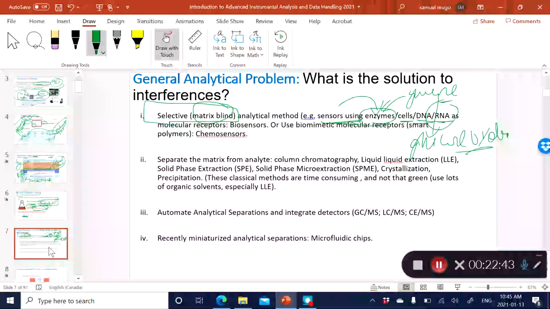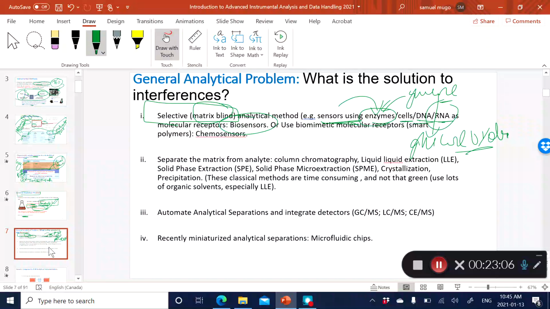Then you find a way, and we're going to talk about that later on in the instrumental methods, to quantify the chemical that is captured and hopefully get an electrical signal out of it, okay?